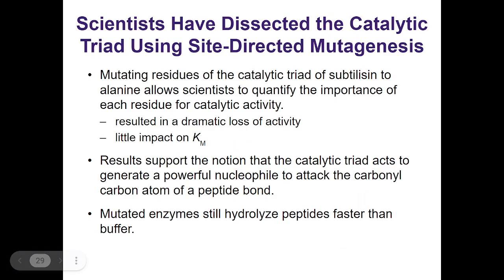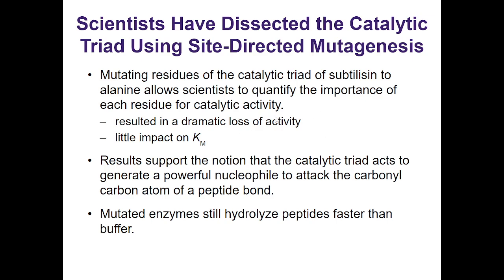All right. Okay, so scientists have dissected the catalytic triad. They have used site-directed mutagenesis. Mutating residues of the catalytic triad of subtilisin to alanine allows the scientist to quantify the importance of each residue for catalytic activity.